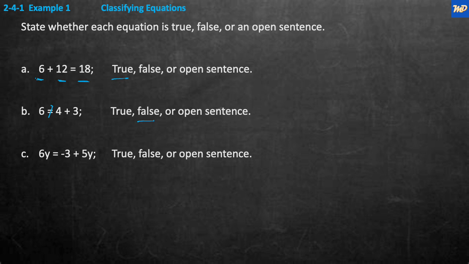Is it true or false? Who knows? We don't know what y is. So we cannot know whether this is true or false. It does have a variable in it, the y variable. So this is an open sentence.